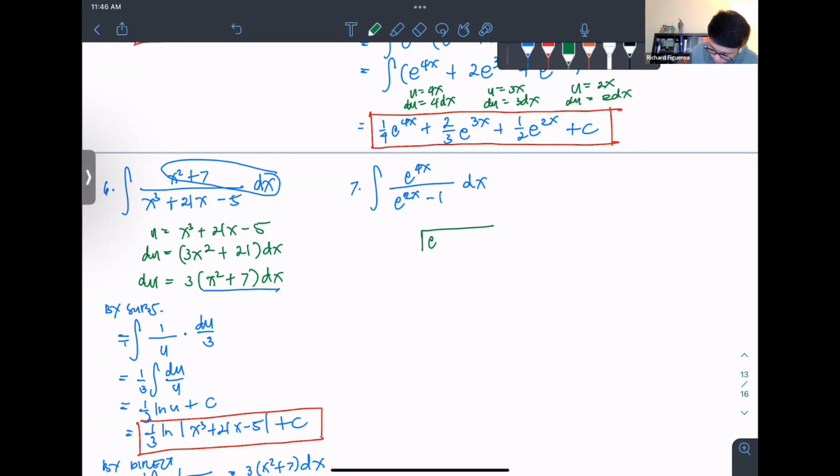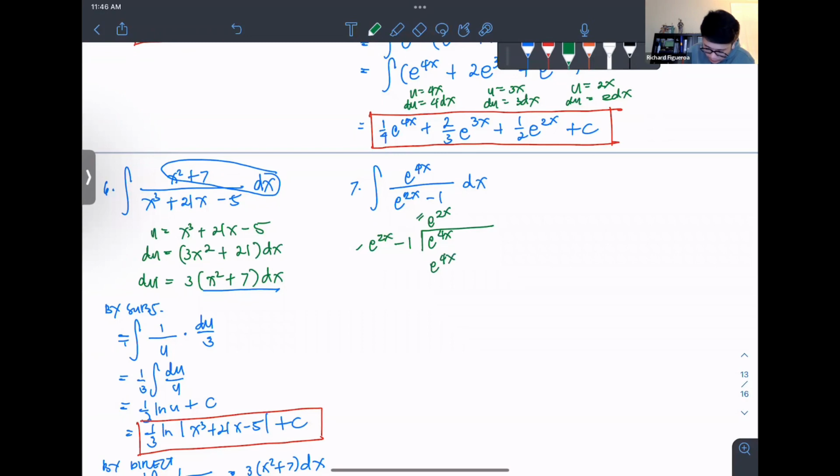So we have e raised to 4x, and then we divide it with e raised to 2x minus 1. So we divide the first term, e raised to 4x divided by e raised to 2x. So that is e raised to 2x. And e raised to 2x multiplied with e raised to 2x is e raised to 4x.